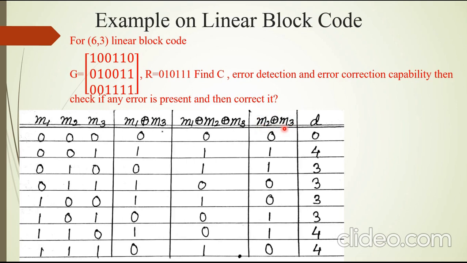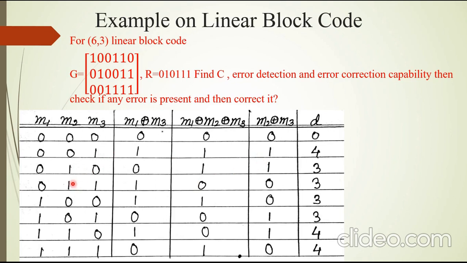So it will be M2 XOR M3: 0 XOR 0 will be 0. Next, 0 XOR 1 will be 1. Then 1 XOR 0 will be 1.